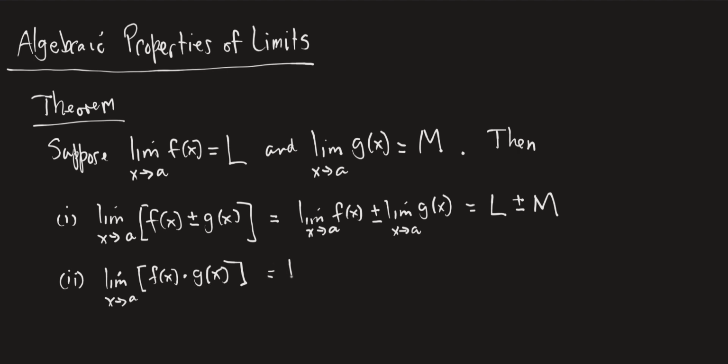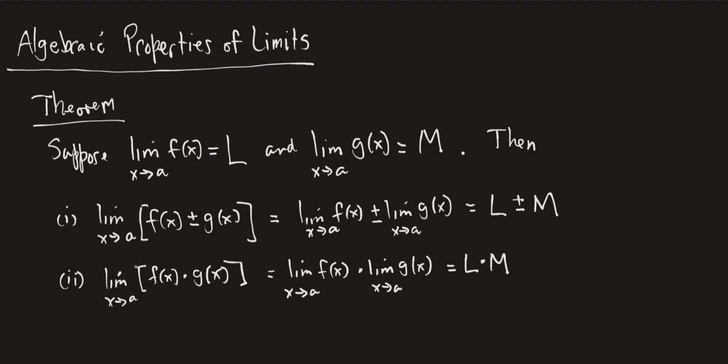You can take the limit, again provided you know that these two limits exist, times this limit. So this is basically saying the limit of the product is the product of the limits. Again, we have to know that they exist, and that's why we wrote this down. So this would end up being L times M.